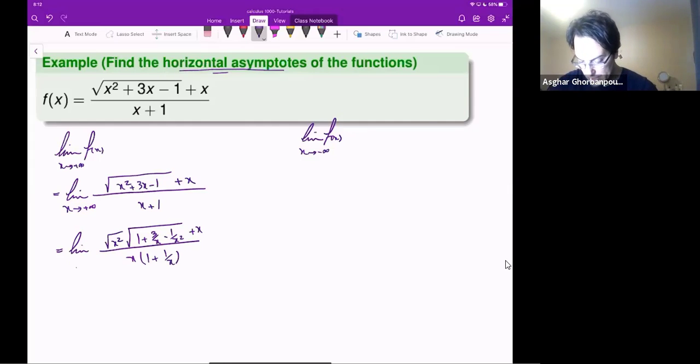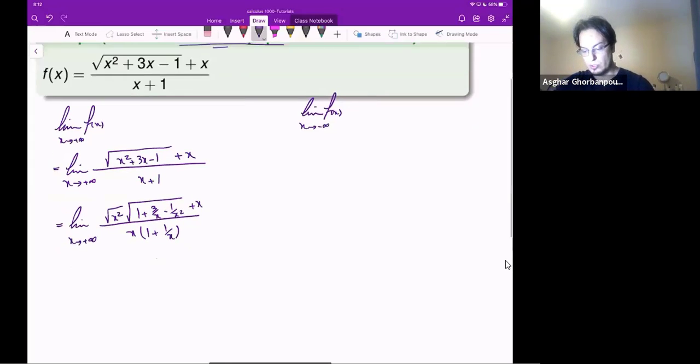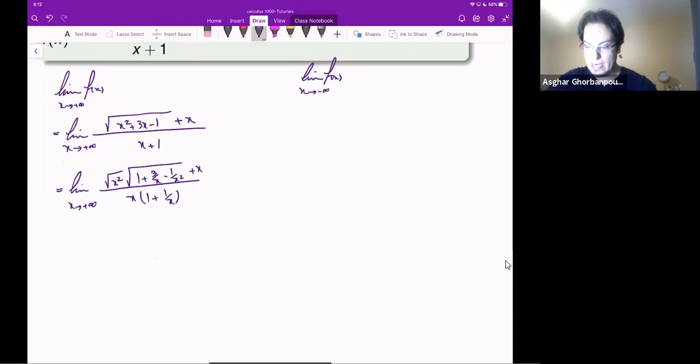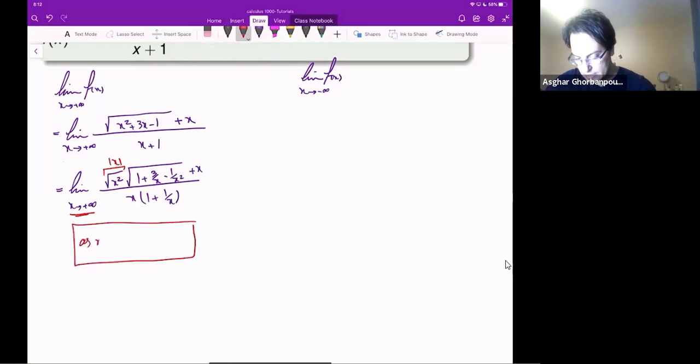We are not done because we haven't factored out the whole thing. But here is where, again, that absolute value of x shows itself. Root of x squared is absolute value of x. But since we are going to positive infinity, as x approaches plus infinity, we are dealing with positive numbers, then absolute value of x you can replace by just x.